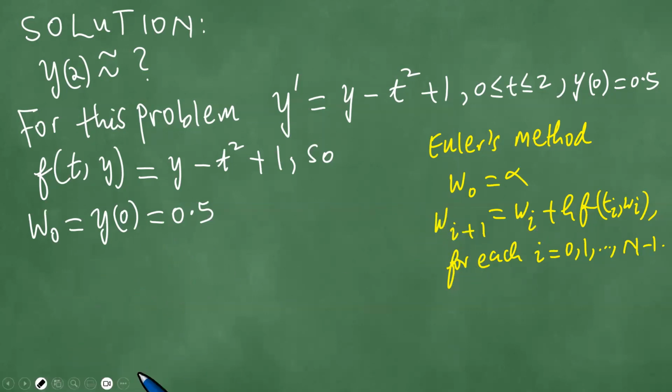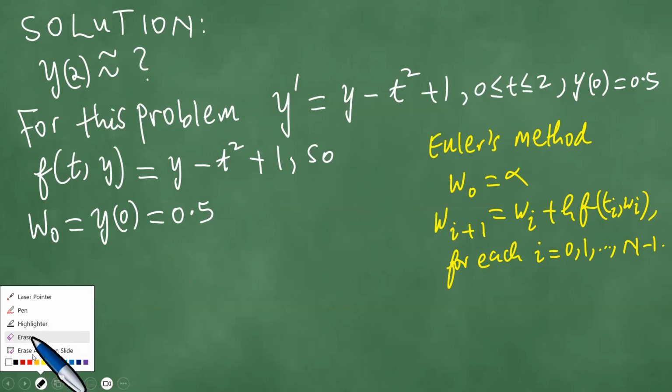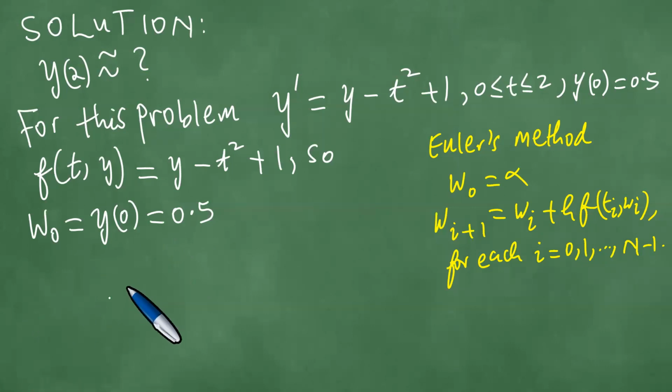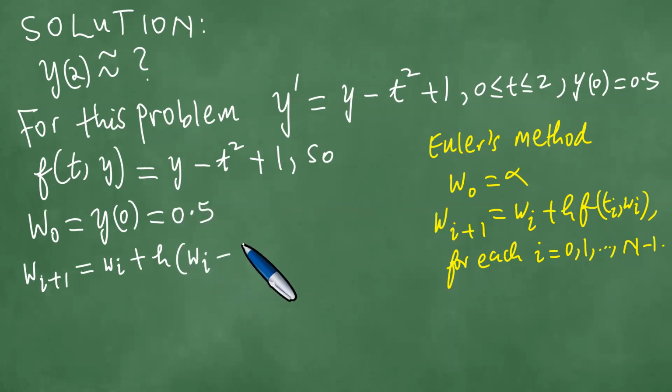Now, in view of this, w sub i plus 1 is w sub i plus h times f of t sub i, w sub i. The w sub i is going to be in the place of the y, so it's going to be this, and then the t sub i is going to be t sub i squared, plus 1.